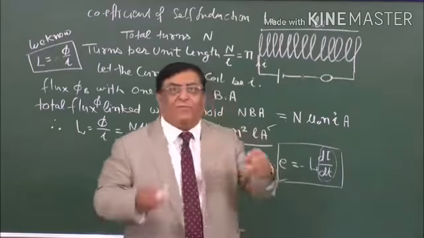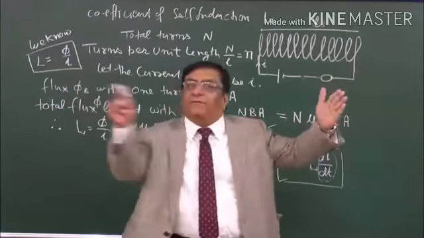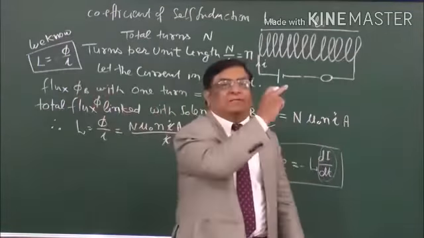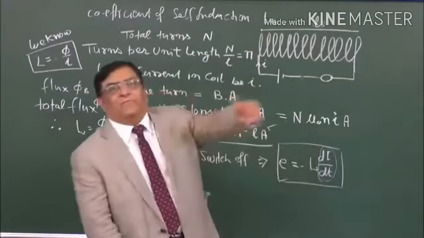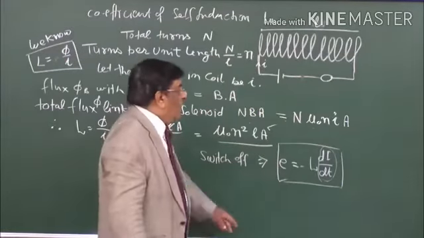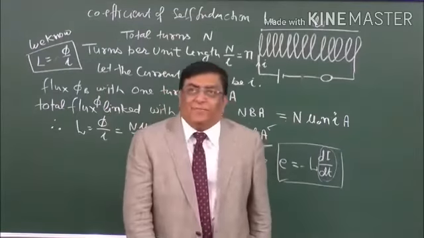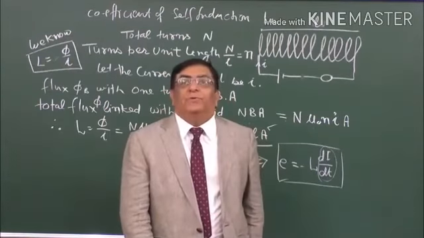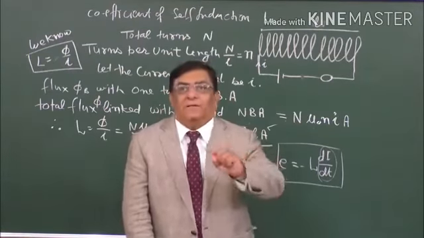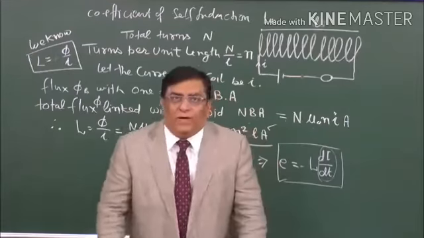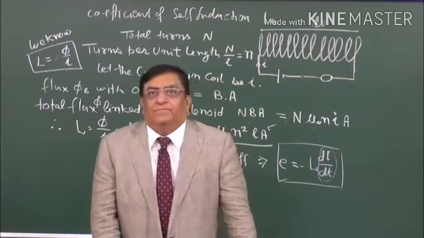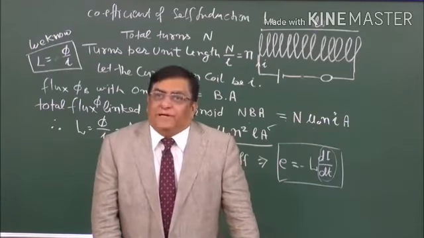Whenever there is a break, very high voltage. The gas gets ionized, current starts, and then current will pass through it. So this inductor we are using to produce very, very high EMF, very, very high voltage. That is the job of the inductor.